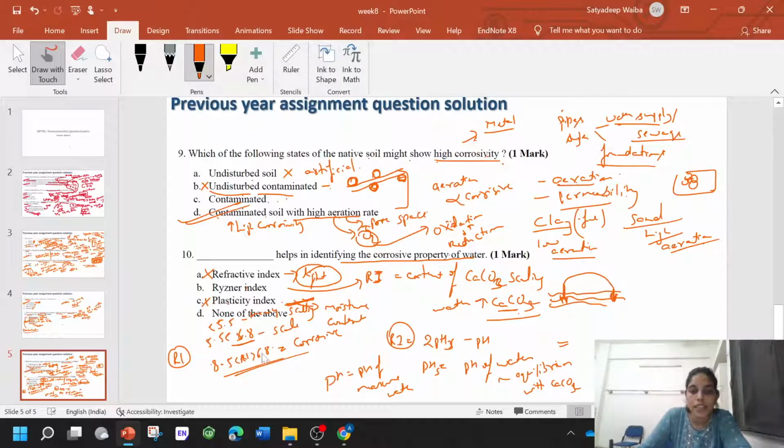As soon as it goes above 6.8, which is basically the neutral pH, since neutral is at 7, there is corrosiveness of the CaCO3. So as soon as the Ri goes beyond 6.8, the water becomes corrosive. This Reisner index helps in identifying the corrosive property of water.